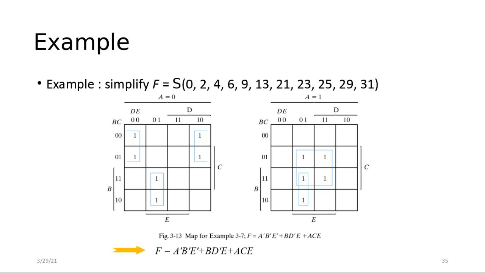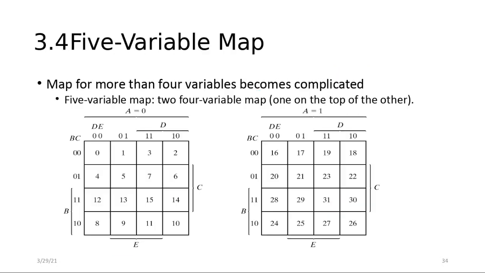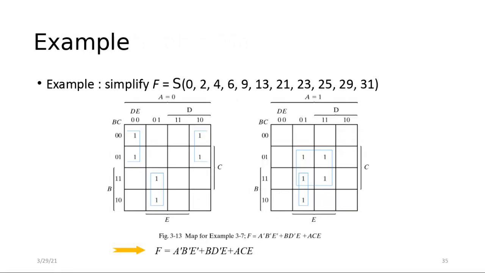For example, there is a function, this one. You know the numbers of the squares. Because of the gray coding, you cannot count by one. So take a look at this.